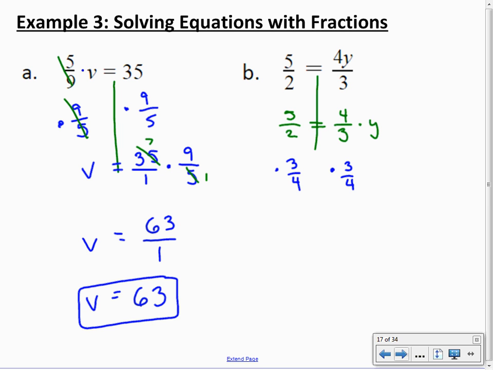So when we multiply by the reciprocal, the 4/3 and the 3/4 on the left side will cancel, leaving us with just y. On the right side, we have a calculation to make here. We have 5/2 times 3/4.